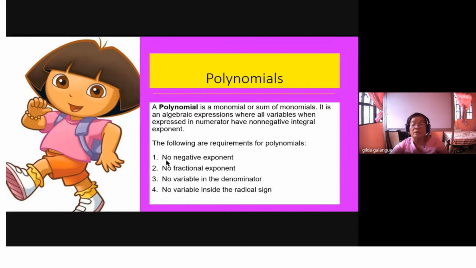I will repeat. If the given algebraic expression has a negative exponent, it is not a polynomial. If it has a fractional exponent, again, it is not a polynomial. No variable in the denominator, no letter in the denominator, no variable inside the radical sign.